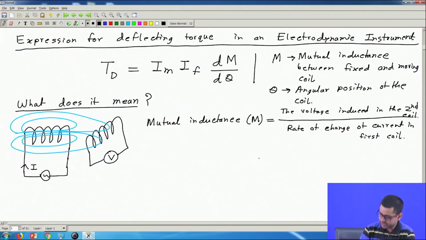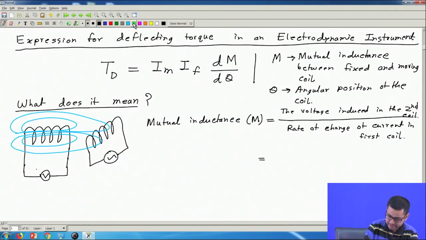This is also the same as, if we had a current or voltage source connected here, and we measure the voltage across the first coil, so we have a source here and we measure the voltage here.